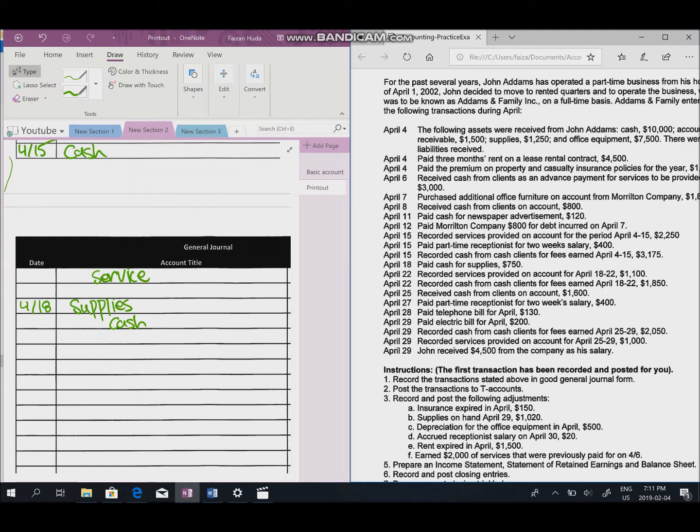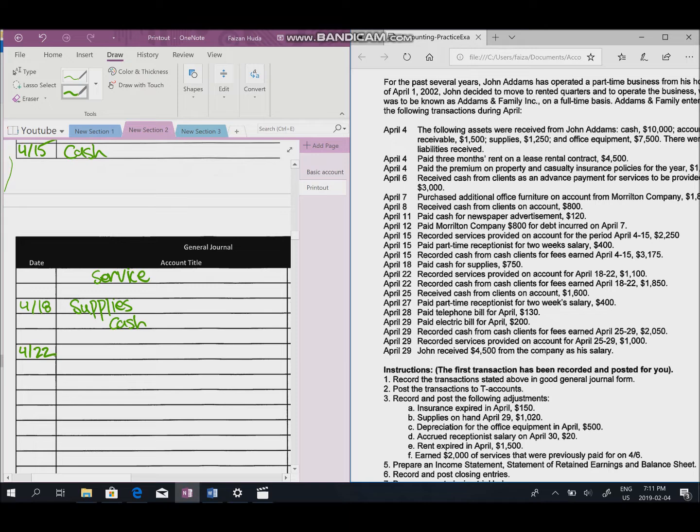So anyways, April 22 is the same as April 15, the last transaction. Actually, it's April 22, my bad. So 4/22.